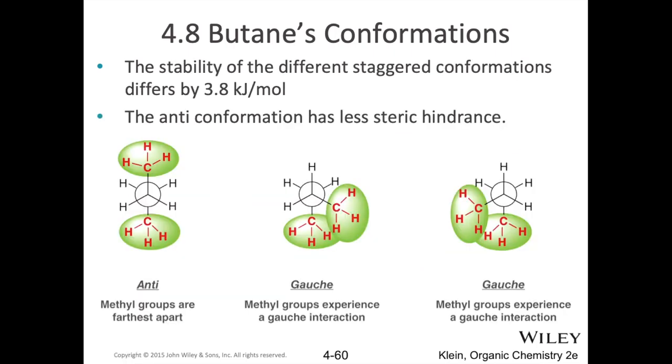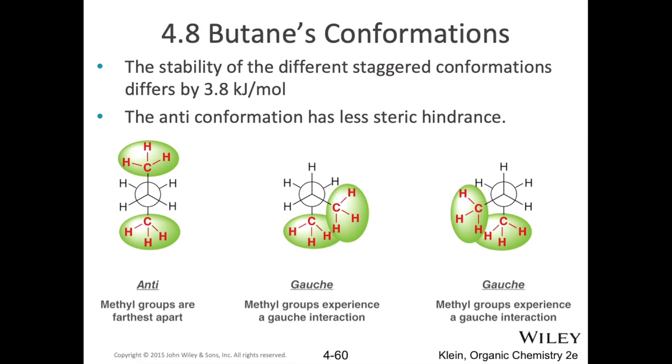So let's talk about some of those names. If you have a staggered conformation with your two bulky groups across from each other, at 180 degrees, we call that an anti-conformation. Anti-conformations are the most stable, with the lowest potential energy, because these bulky groups are so far apart from each other. There's less steric hindrance between them.